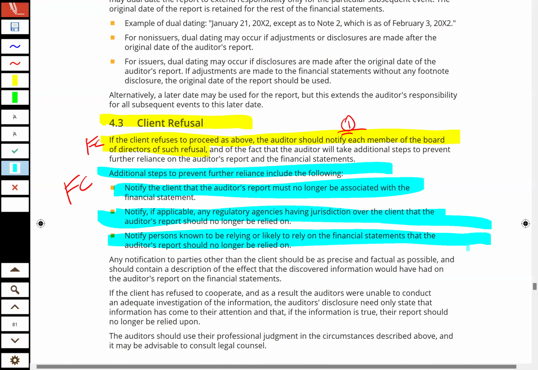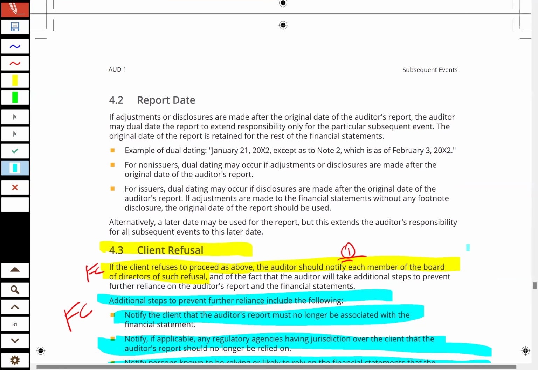Now, what happens if we dated our report, say January 21st, and we're getting ready to issue the statements, and then management calls us up and says, we were going to issue the statements on February 2nd, but we have a plant that blew up, and we want to disclose that in the financial statements.